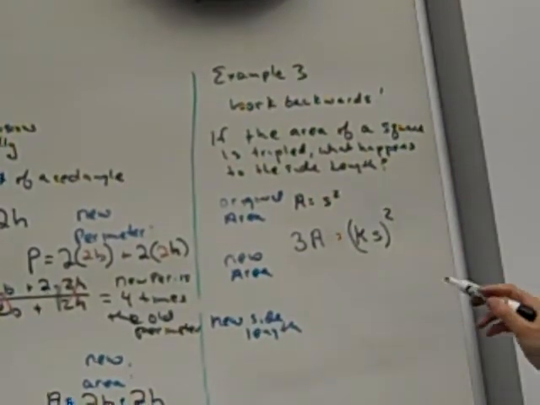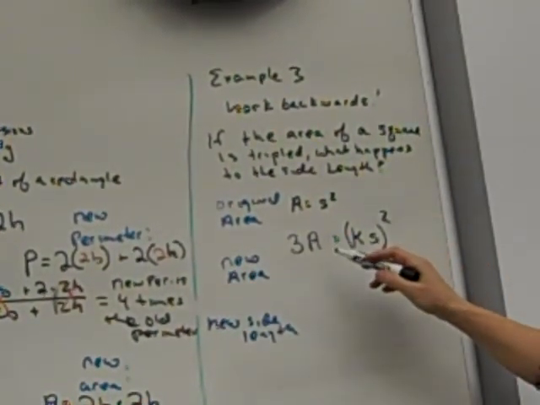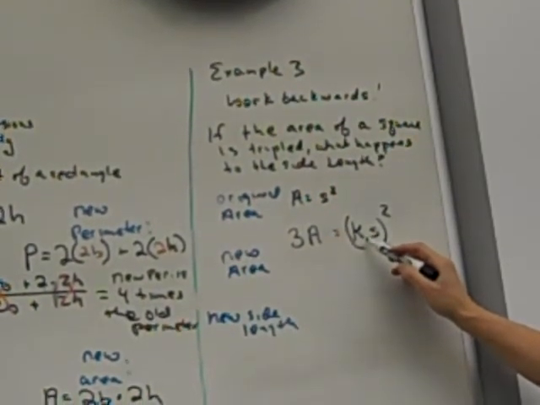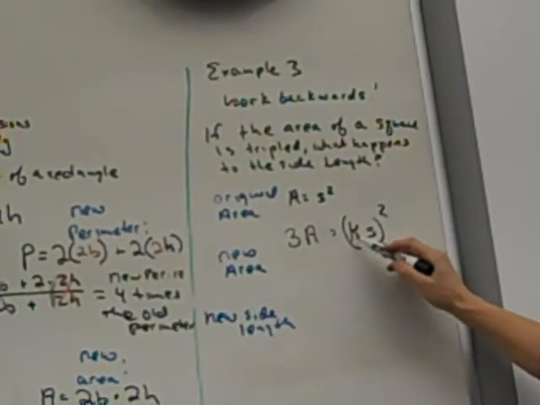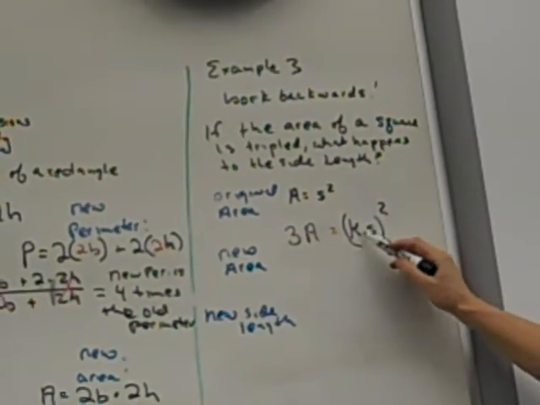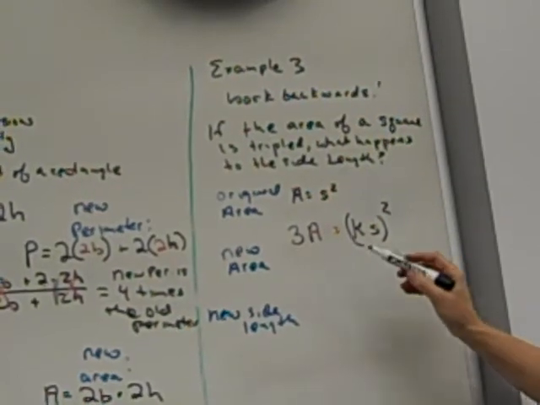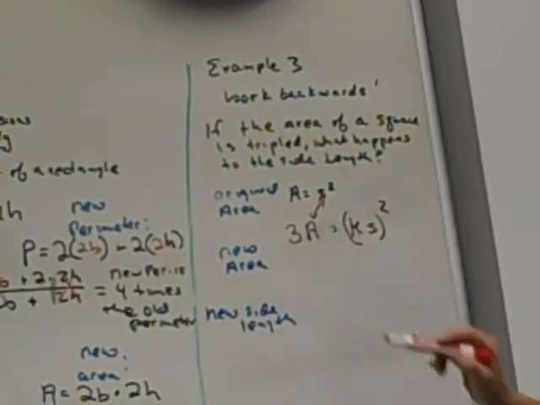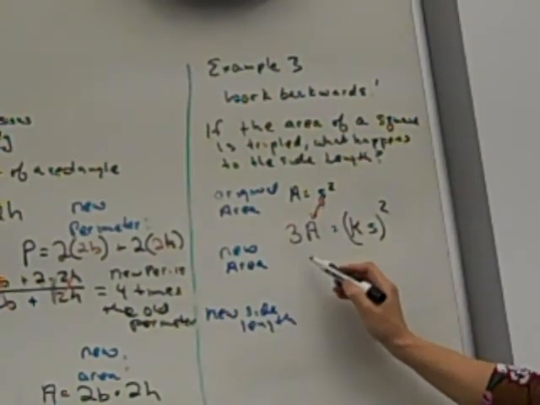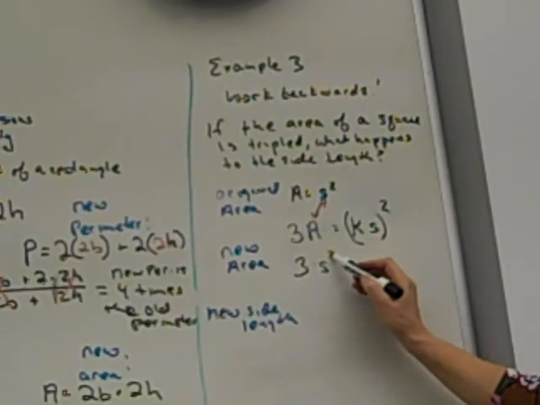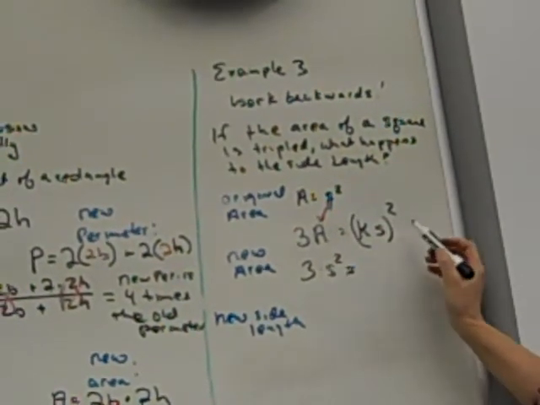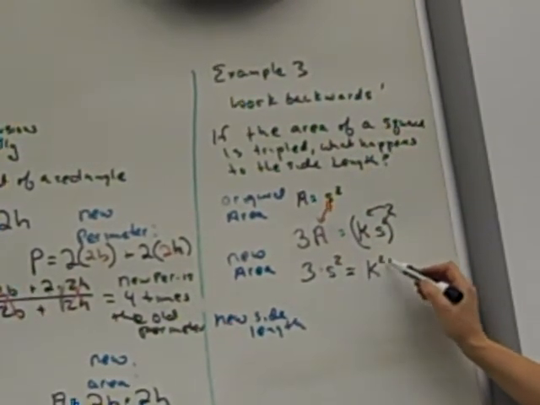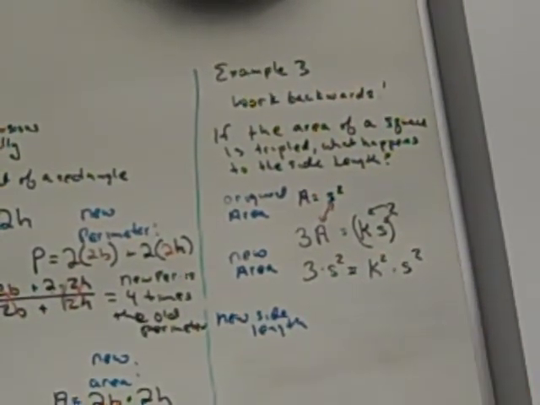Okay? So now how am I going to find this change in the side length? Well, I'm going to have to solve for this k. So my first step, I've got a lot of variables going on. I need to substitute. I know a equals side squared, so I'm just going to substitute side squared in there for area. So I've got 3 times the side squared on this side. And here I'm going to distribute my exponent. Whatever that change was squared times s squared. Okay.